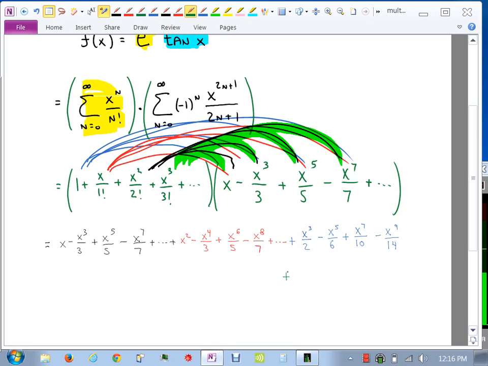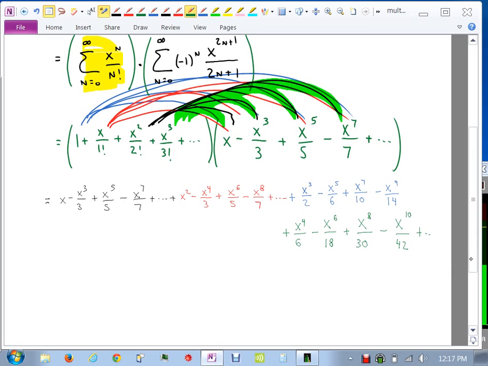Plus, what was it? x to the 4th over 6 minus x to the 6th over 18 plus x to the 8th over 30 minus, last one, x to the 10th over 7 times 6, 42, right? Dot, dot, dot.